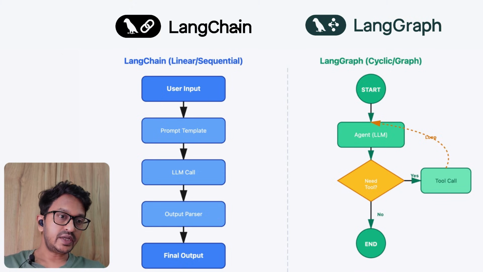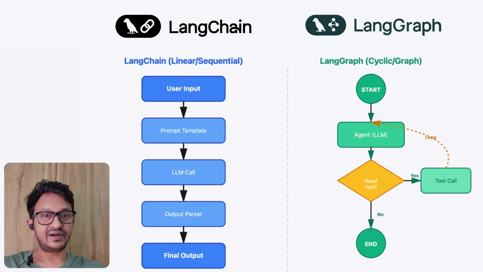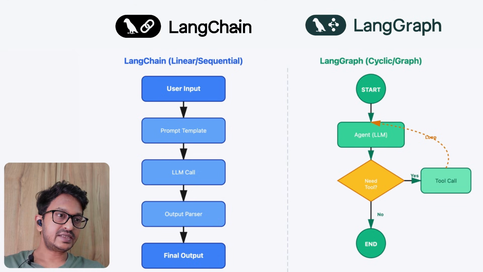And then tool calling, one shot or basic iteration, that's it. It is only one shot, only one time you can do using LangChain, that too with a linear flow. Whereas in LangGraph you can have multiple tool calling at different stages of the process, right? Sophisticated multi-turn tool use is possible in LangGraph.